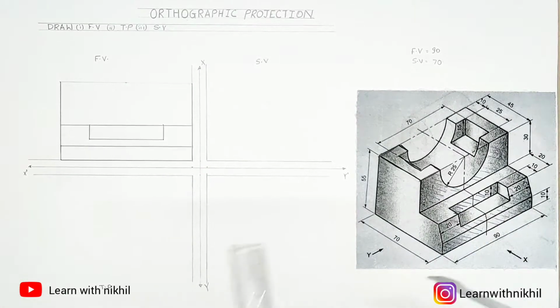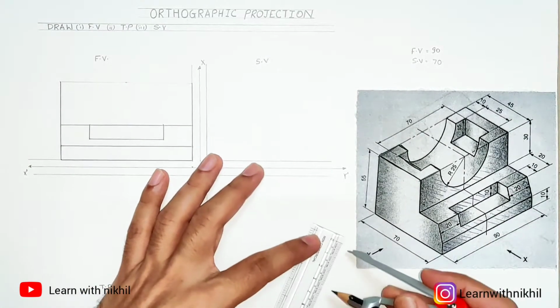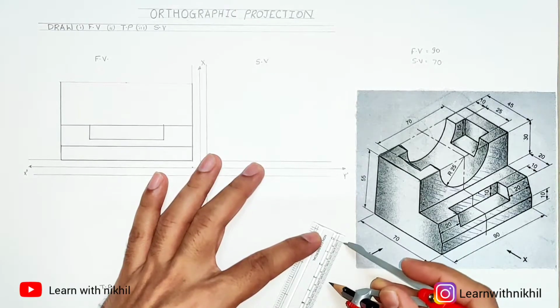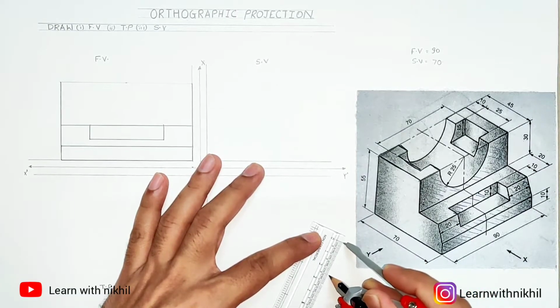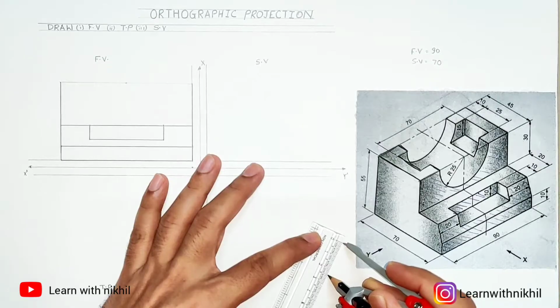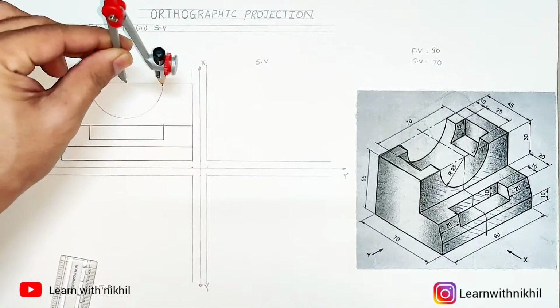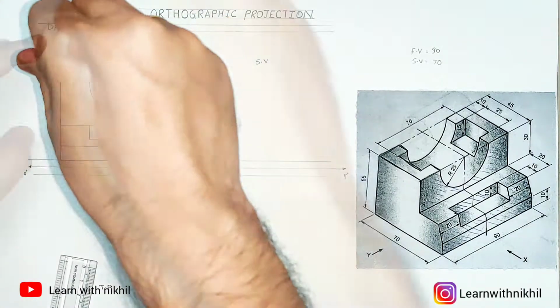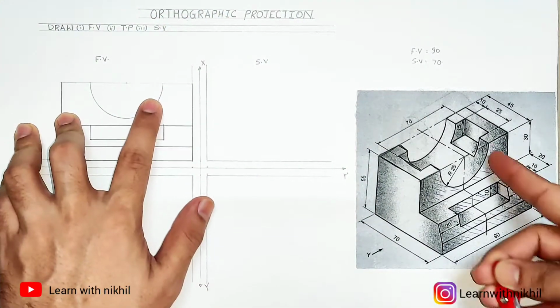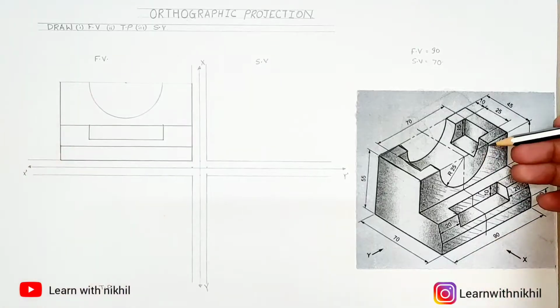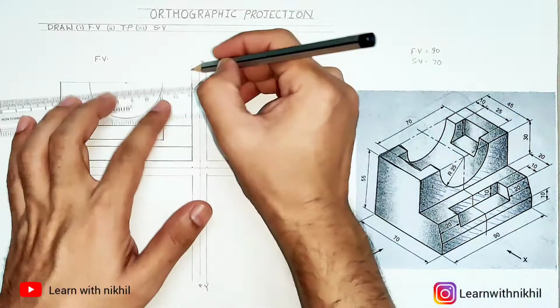And as the radius of this semicircle is 25 millimeter, on compass we'll take radius as 25 and we'll draw a semicircle. Now these two lines we will draw straight dark line.